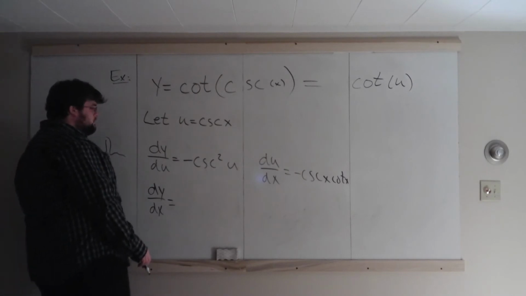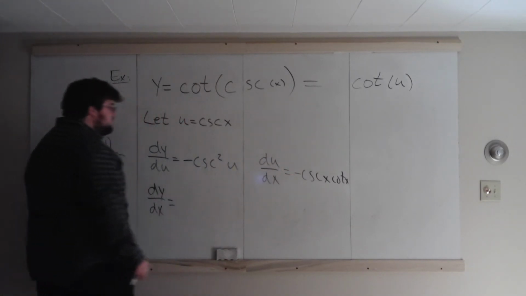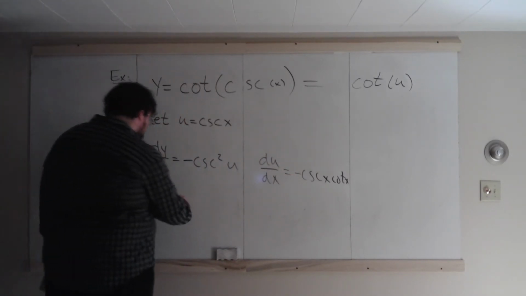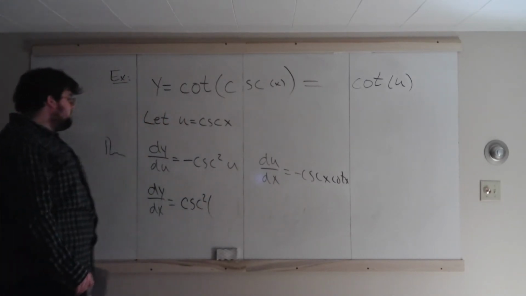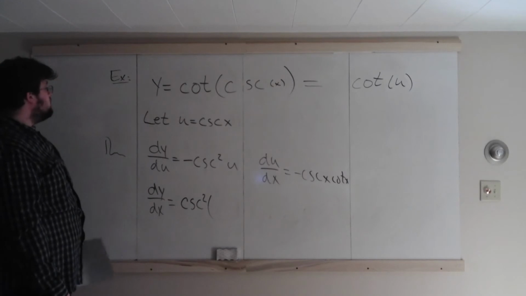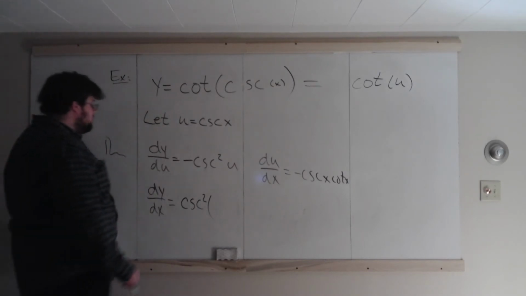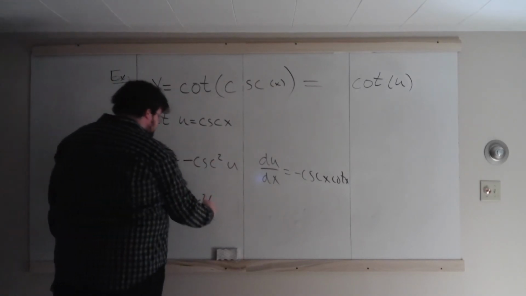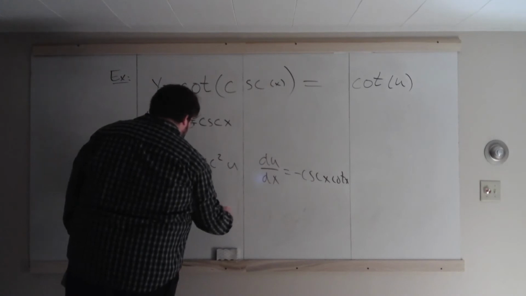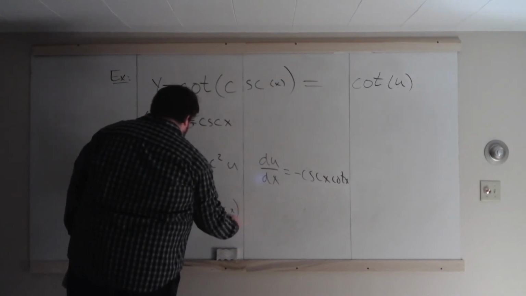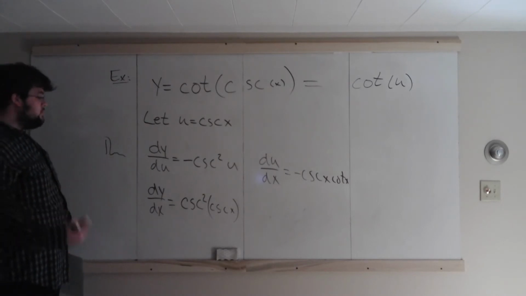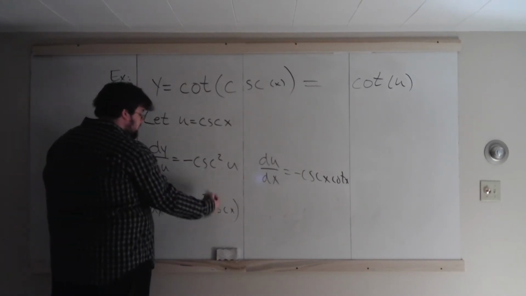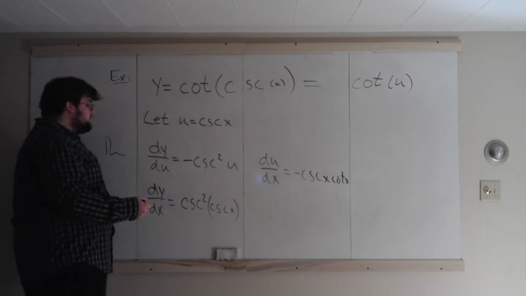Those two things multiplied, there's a negative here and a negative there, so I'm not even going to write the negatives. So cosecant squared of u, what's u? U is up here. So it's negative cosecant squared of cosecant of x. With these, it's sometimes useful to draw the parentheses pretty large to help keep yourself organized.